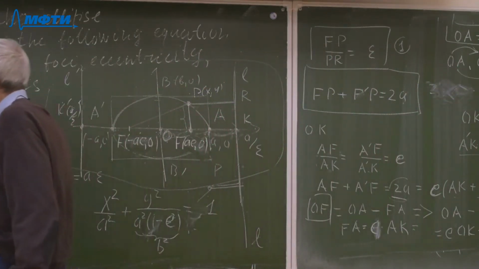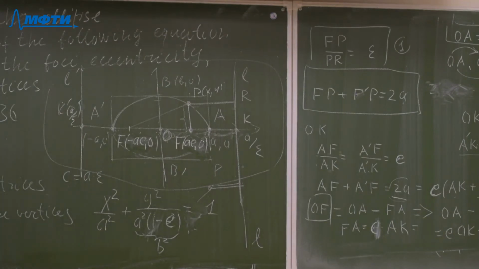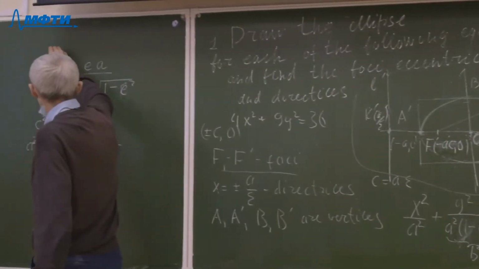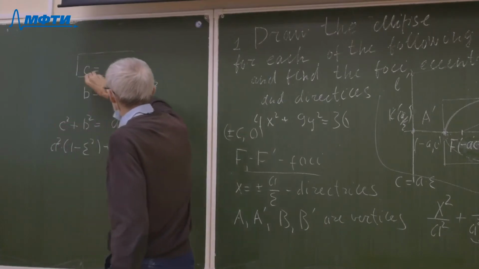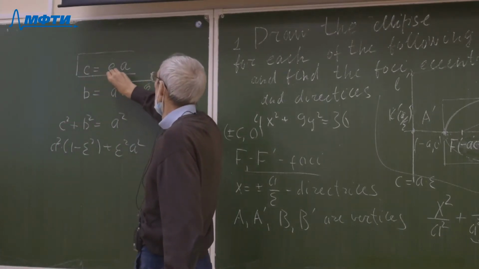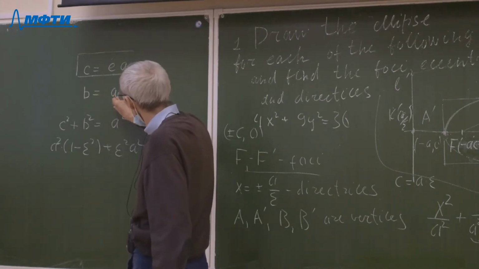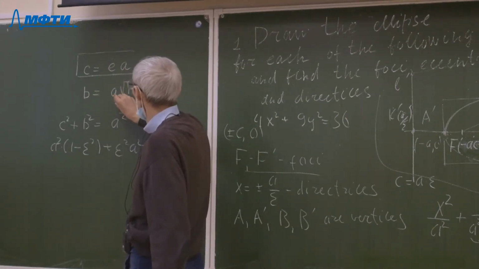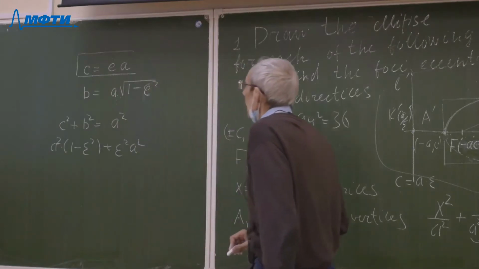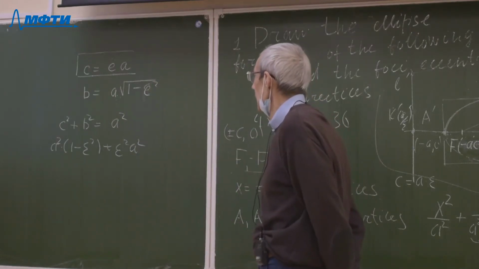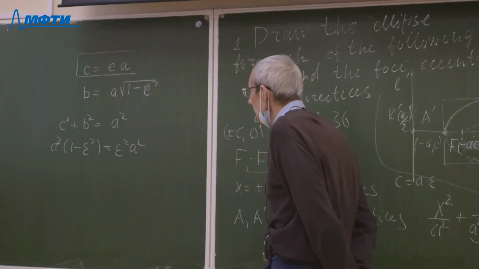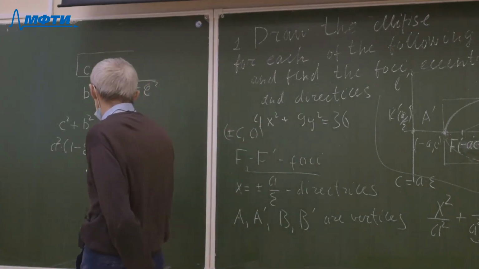And we also introduce the new notation. Let C, by definition, be equal to E times A. B, by definition, is equal to the product of A and the square root of 1 minus E squared.